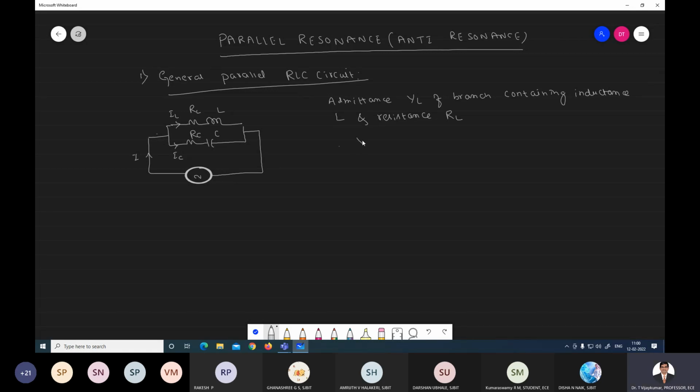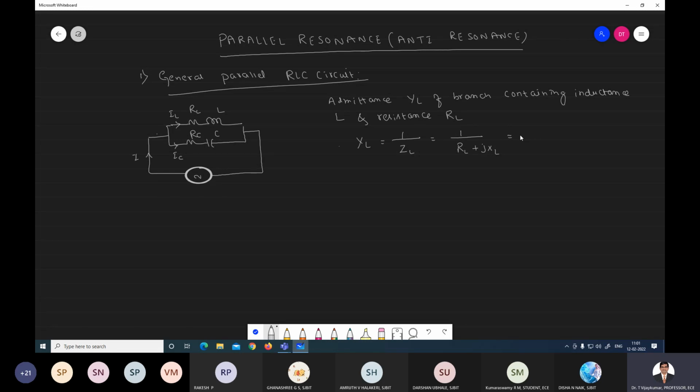Admittance YL is given by 1 by ZL. What is the total impedance in the branch? That is RL plus jXL. We are calculating the admittance of the branch containing resistance and inductance. The relation between admittance and impedance is YL equals 1 by ZL.